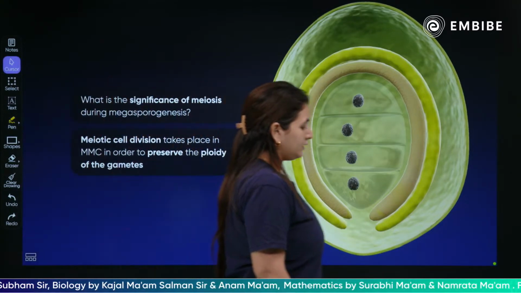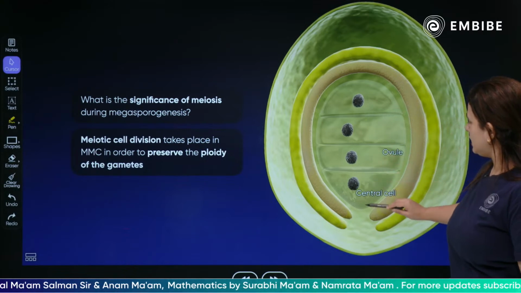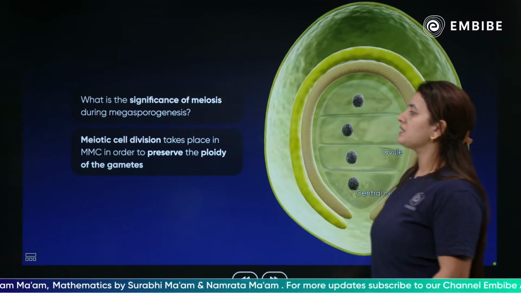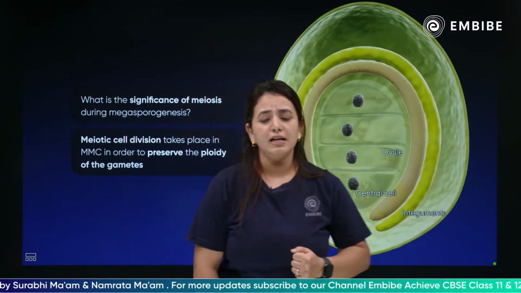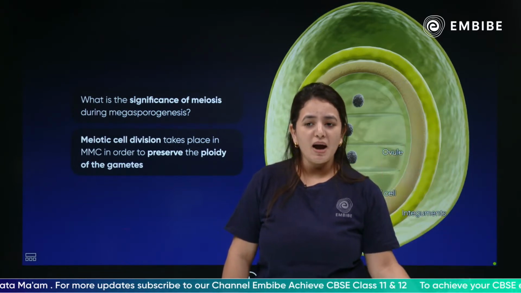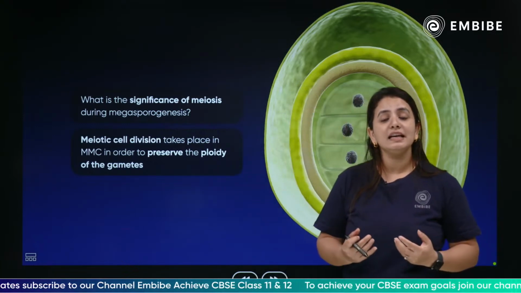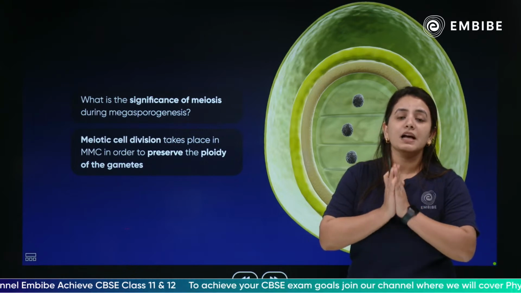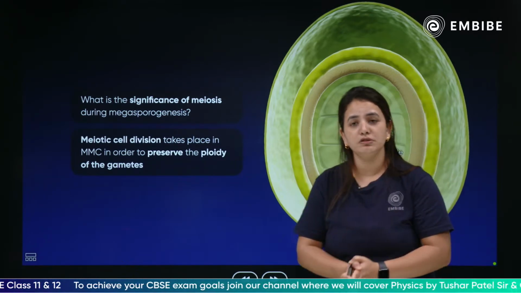As you can see, this is how the 3 haploid cells are formed. So children, what is the significance of meiosis? Why is mitosis not taking place? I know mitosis is an equational division that takes place in somatic cells, but what is the significance of meiosis in megasporogenesis? It is nothing but to maintain the ploidy of the gametes.